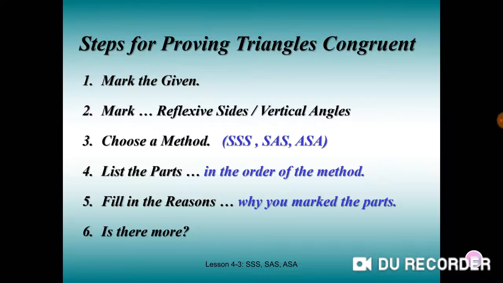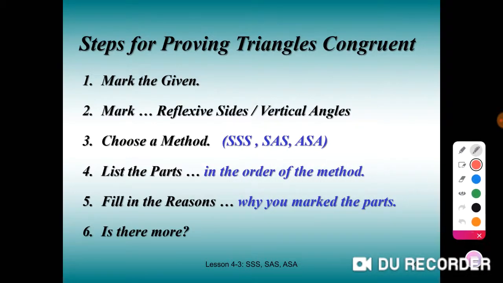And then you need to translate English into math by translating the given information from English to mathematical symbols on the figure. And then mark reflexive sides and vertical angles. And here I would like to add some things to notice and something to care about.